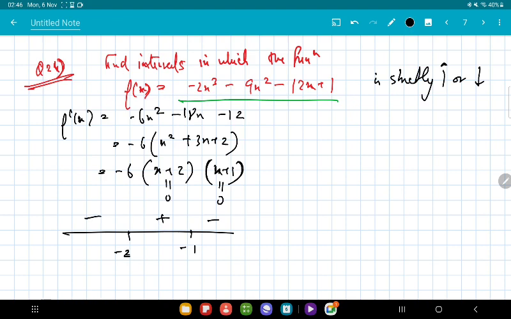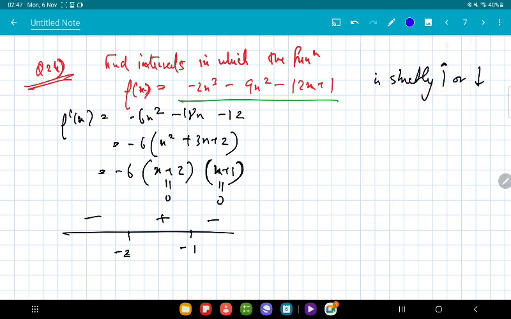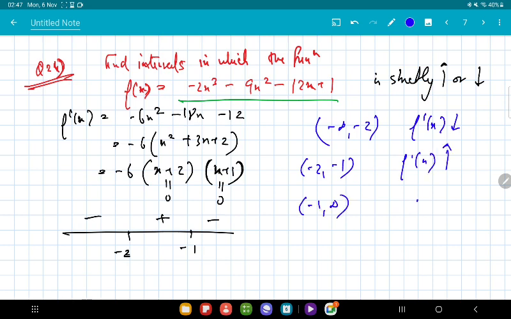So I guess I can make a short table over here. For strictly increasing and decreasing, minus infinity to -2, here the function is decreasing. -2 to -1 function is increasing. -1 to infinity strictly decreasing. So this will be your answer.